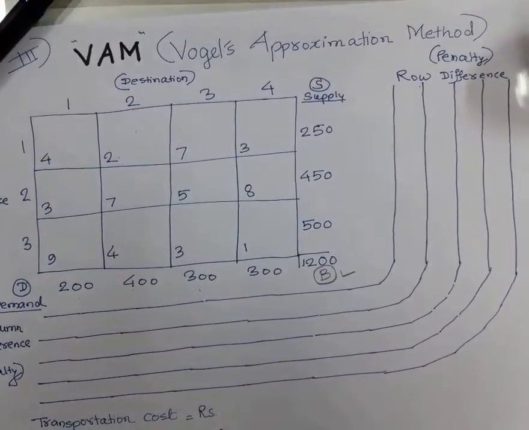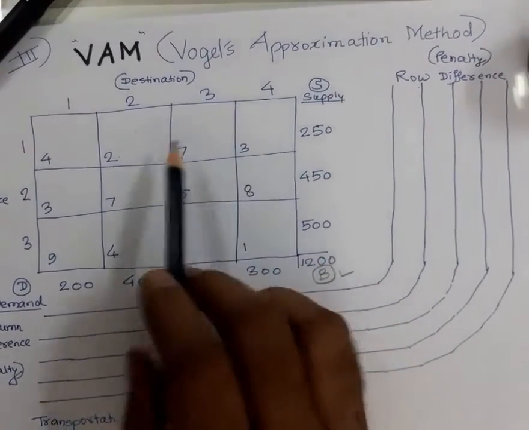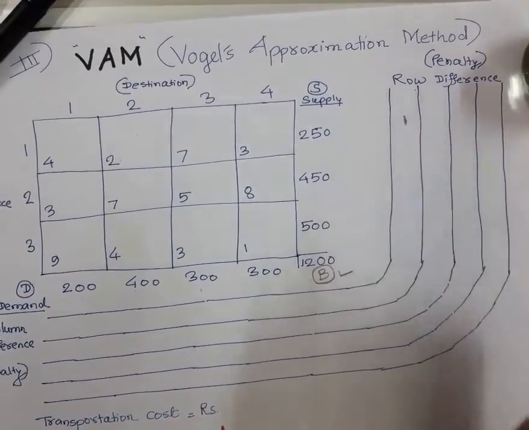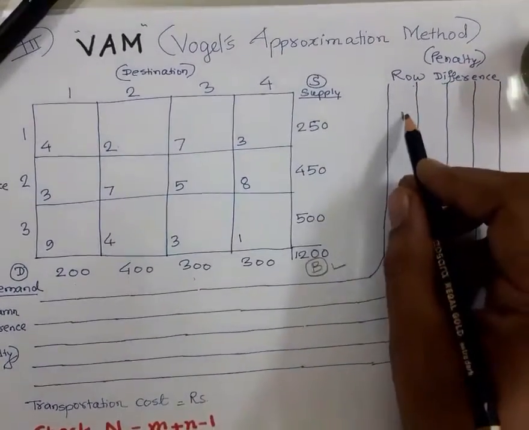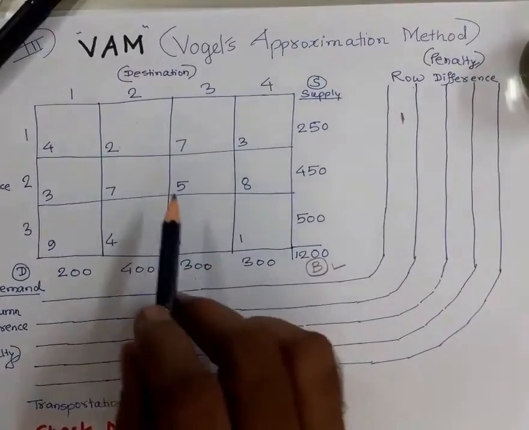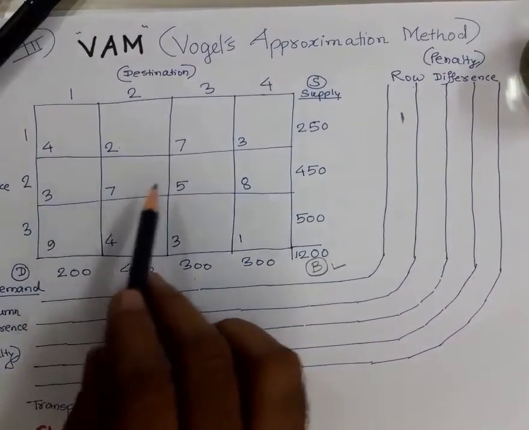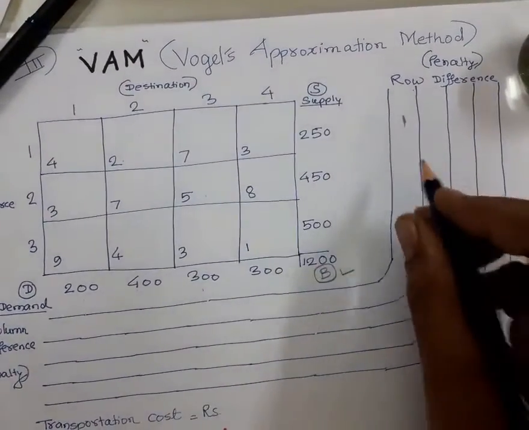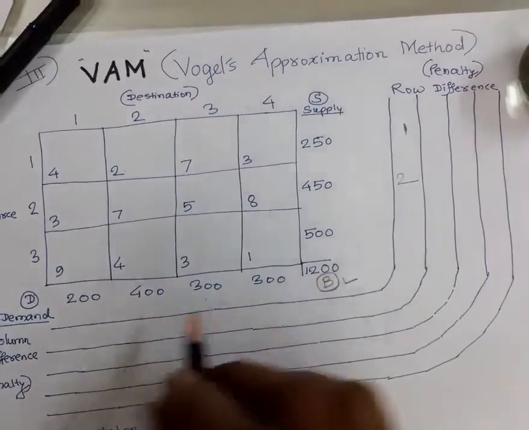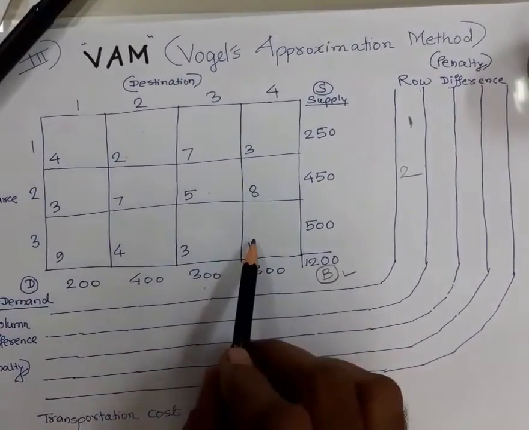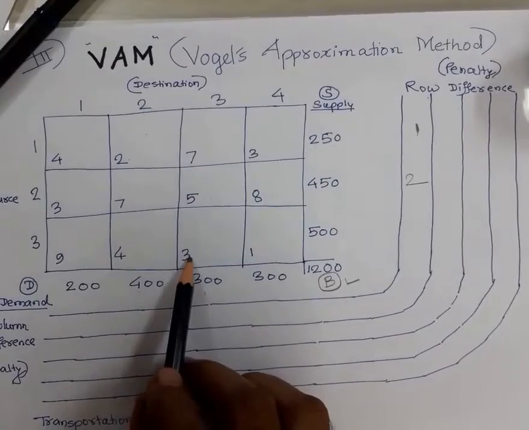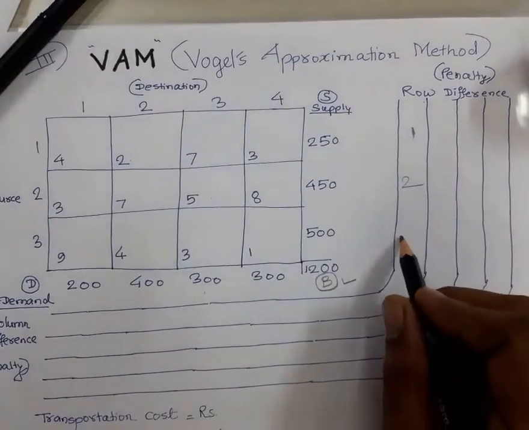So just do the subtraction. 3 minus 2, this will be 1. 1 will be the penalty for first row. Second row, smallest is 3, next number is 5. So 5 minus 3, it is 2. Smallest in third row is 1. Next number to the smallest one is 3. 3 minus 1, 2.